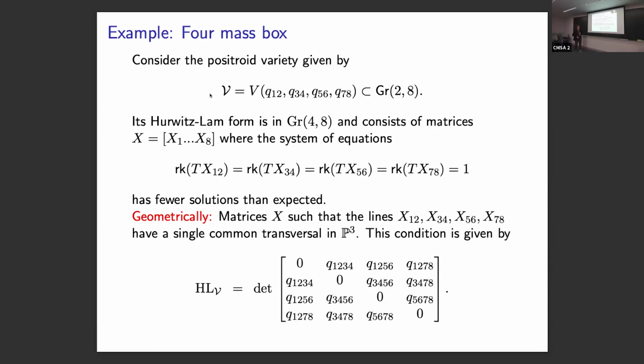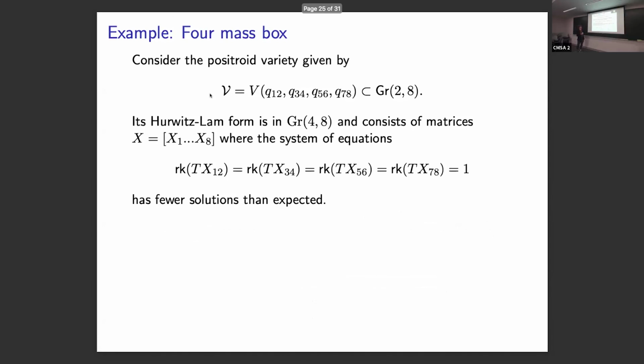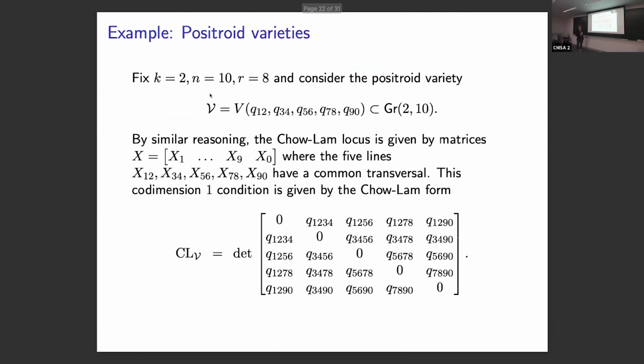The remark I wanted to make here is that when one of these rows vanishes, it's like when the line 1, 2 meets the other 3. Is that? Yeah. Yes. Well, maybe it's easier to see with this one when you're asking for the 5 to have a common transversal.